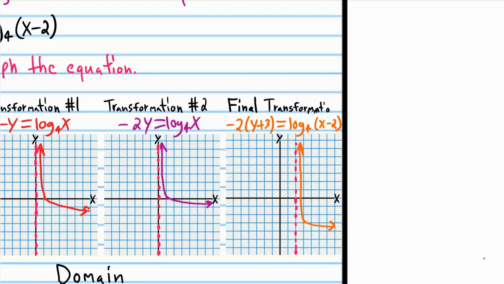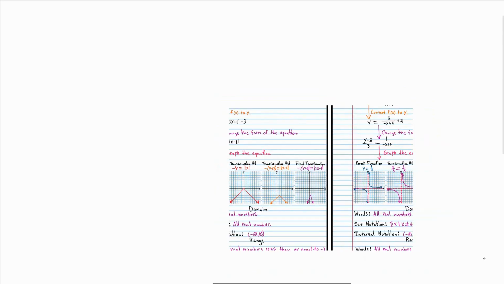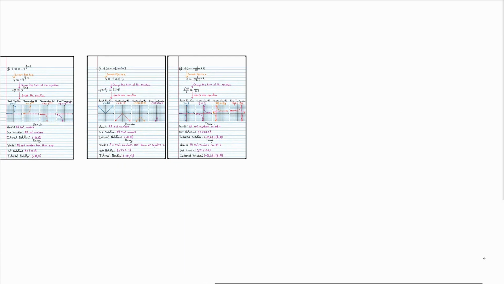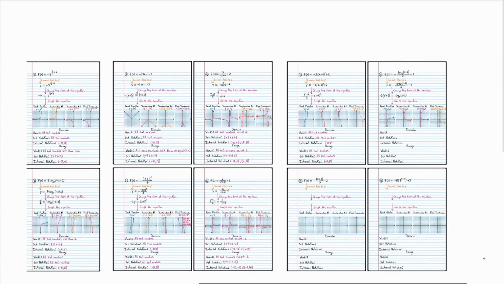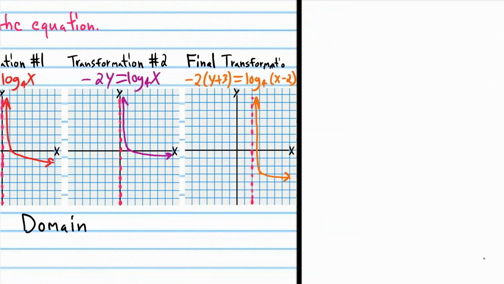So now that we have the graph, we can see the domain and the range. There are no points that have x values that are equal to 2 or less than 2. So the domain is all real numbers greater than 2.